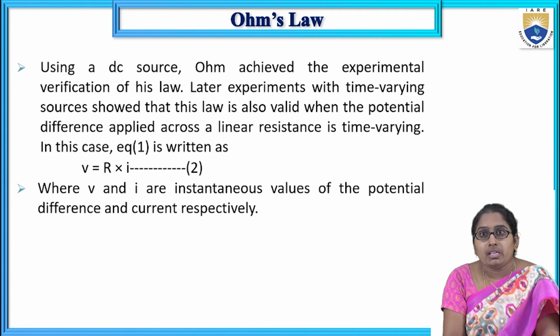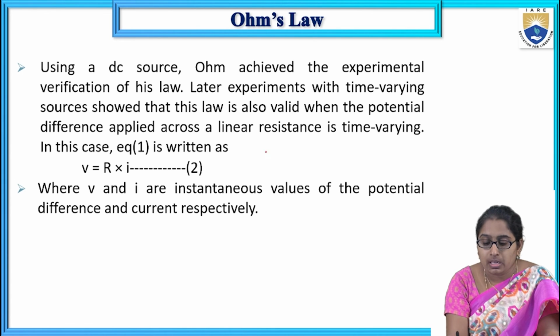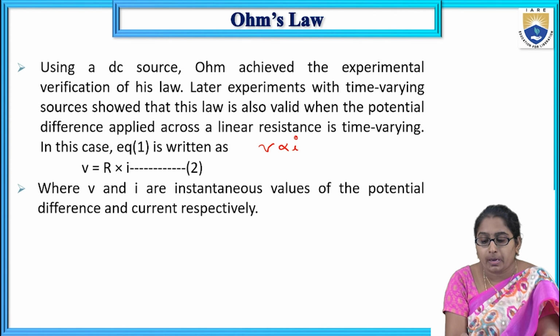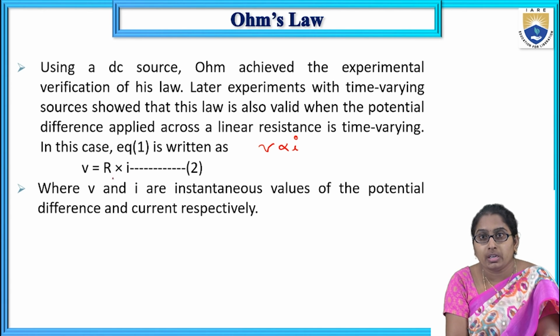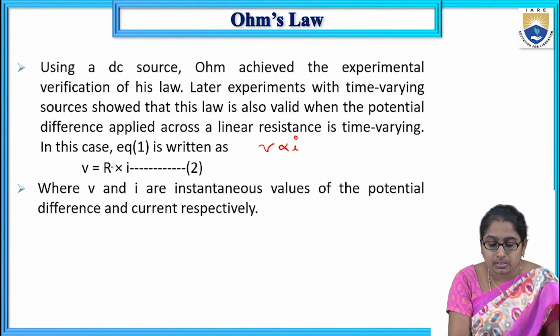Now in this case, Ohm's law is given by V proportional to small v proportional to small I, right? Small v and small I are the AC voltage and AC current. So in that case, small v equal to capital R into small i. R is a proportionality constant, which is the resistance of the conductor.